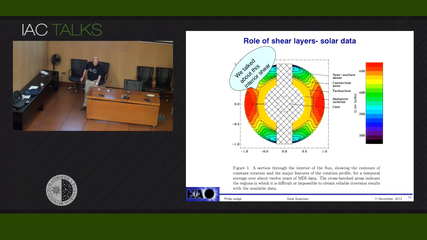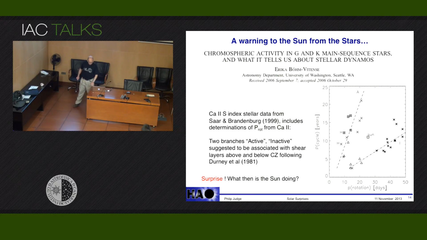The point of this slide is just to show you that much of the work on the generation of a solar dynamo of this kind, alpha effect, omega effect, the omega effect is concentrated in the regions of shear in the interior of the sun. But when we look at this plot here, there was a suggestion many years ago by Durney that some of these things are associated with a shallow surface shear layer.